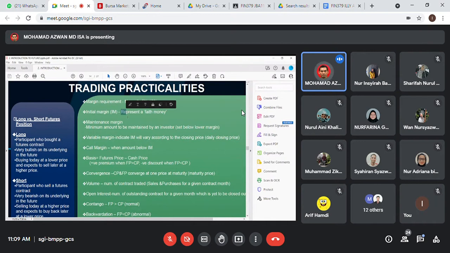If maintenance margin is required at, let's say, 80%, then every day on a daily basis, when they close the counter, we have to make sure your balance in the futures trading account is 8,000 minimum.